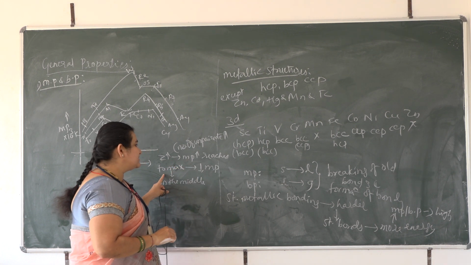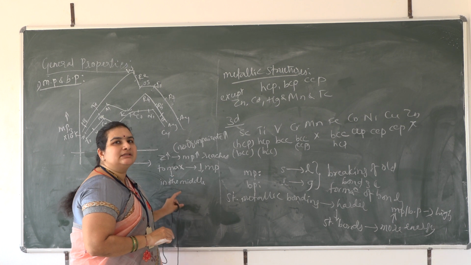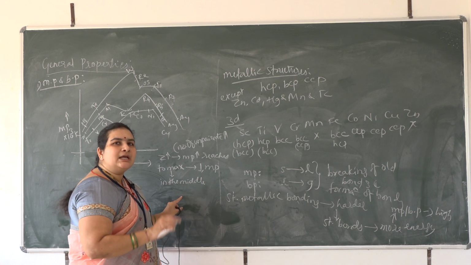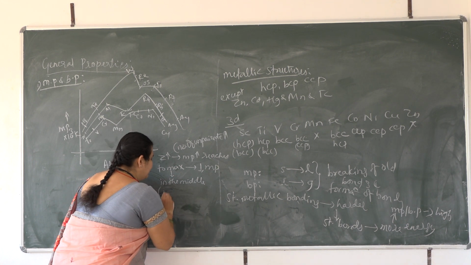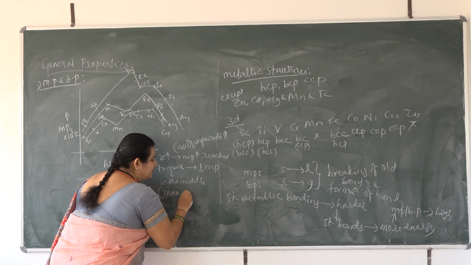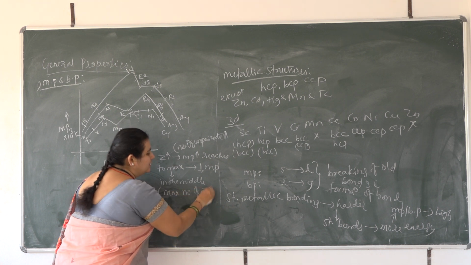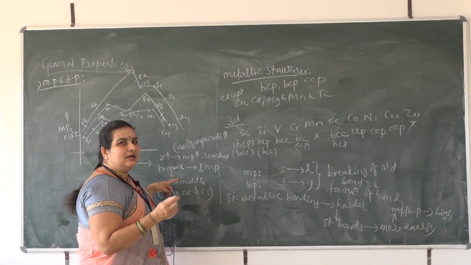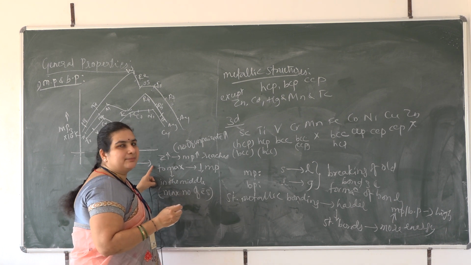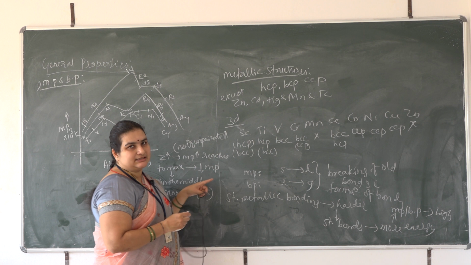It reaches a maximum, and in the middle of the series, there will be maximum number of unpaired electrons. So after the maximum, again with the increase of atomic number, melting point goes on decreasing.